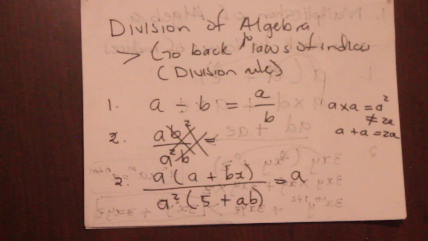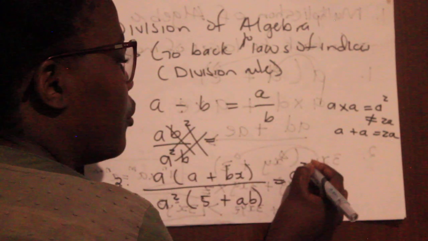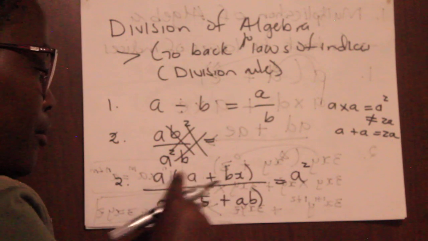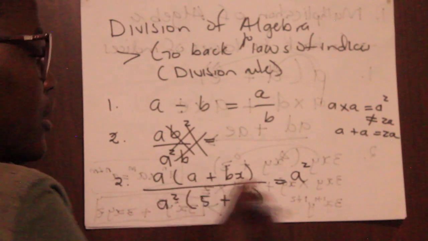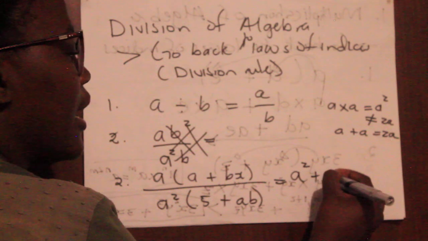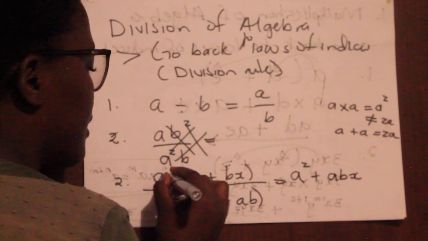So we have A times A is A to the power of 2 because we are adding powers. So it's A one time, you keep the same base, which is A, and then add the powers 1 plus 1. And then plus A times bx, so you have A. Since all the terms are different, it's just Abx.